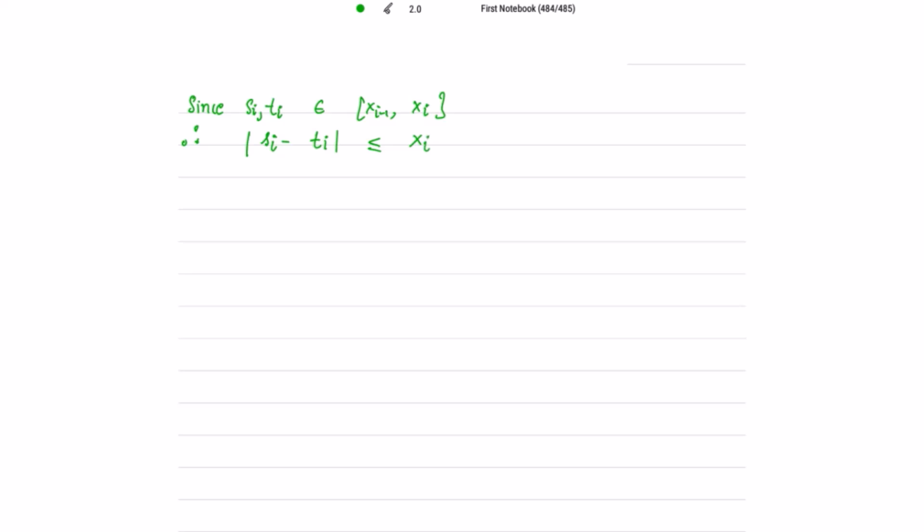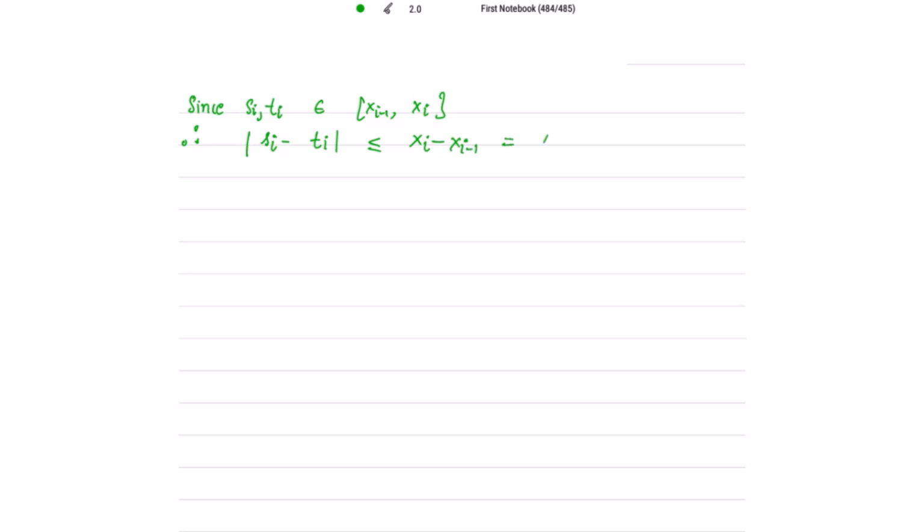Likewise we did in the previous theorem with capital M_i and small m_i. Whenever two points belong to a closed interval, their difference is always less than or equal to the difference at the end points. So the distance between the middle points is always less than the distance between the extreme points. Here the extreme points are x_i and x_{i-1}, and these are the middle points. So their difference is less than or equal to this difference.